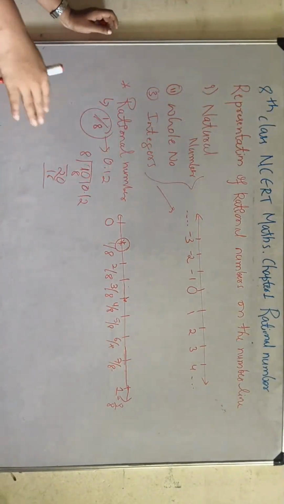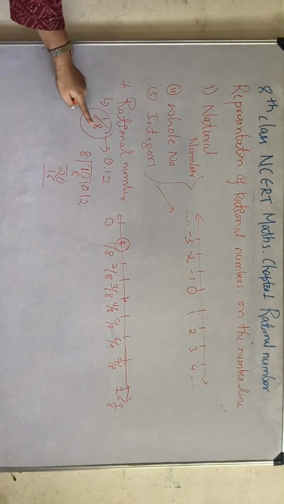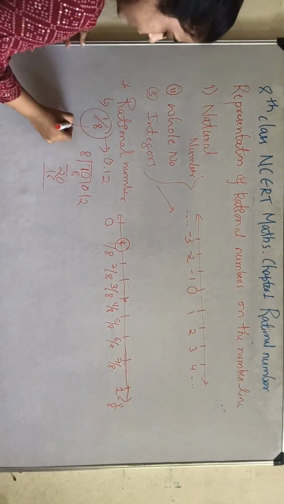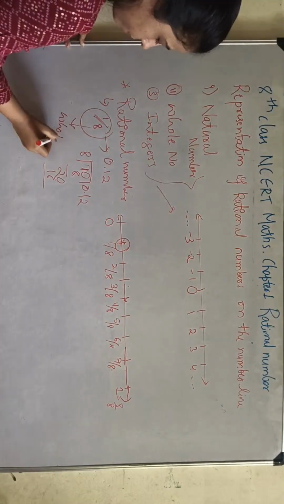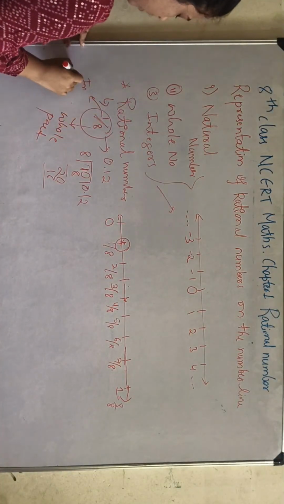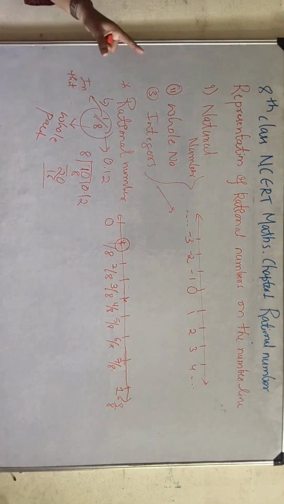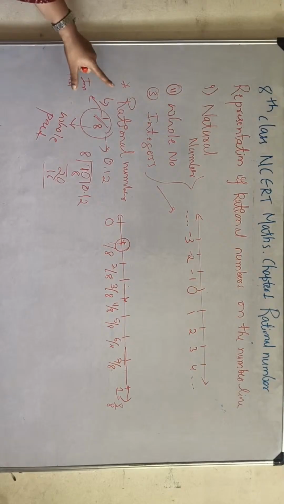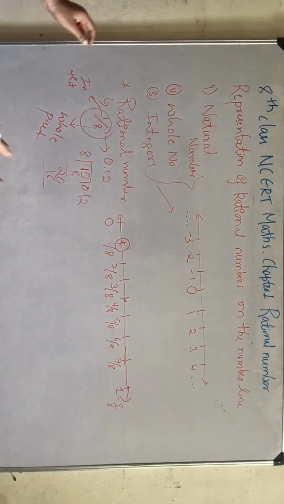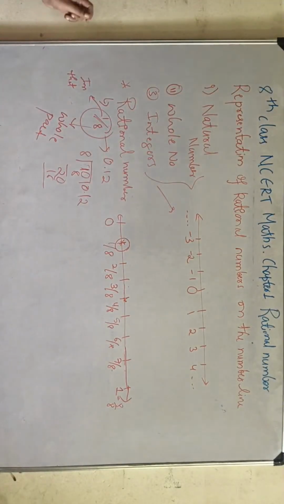After that we go to the numerator part. Then it is 1 by 8. This 8 is what? Whole part. And 1 is in that. In that we are having one part out of the 8 parts. In the entire 8 parts we are having the first part. This is 1 by 8.